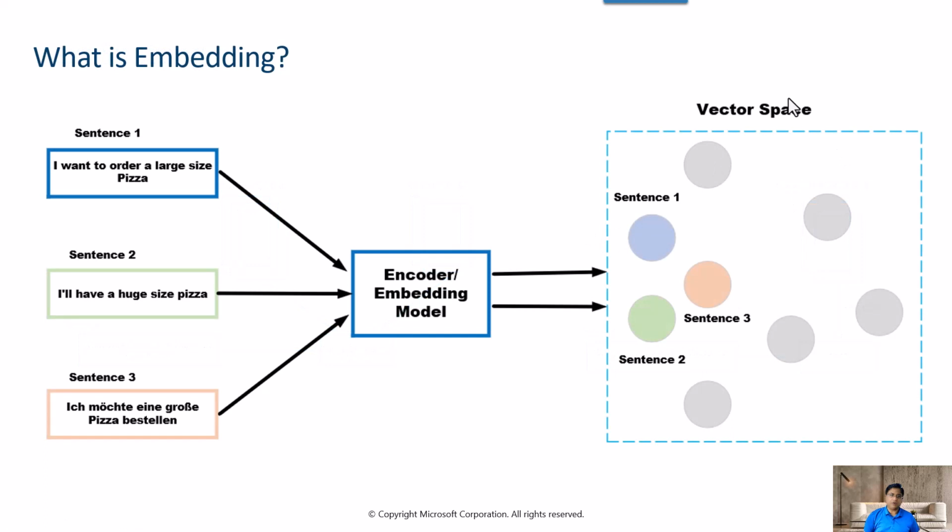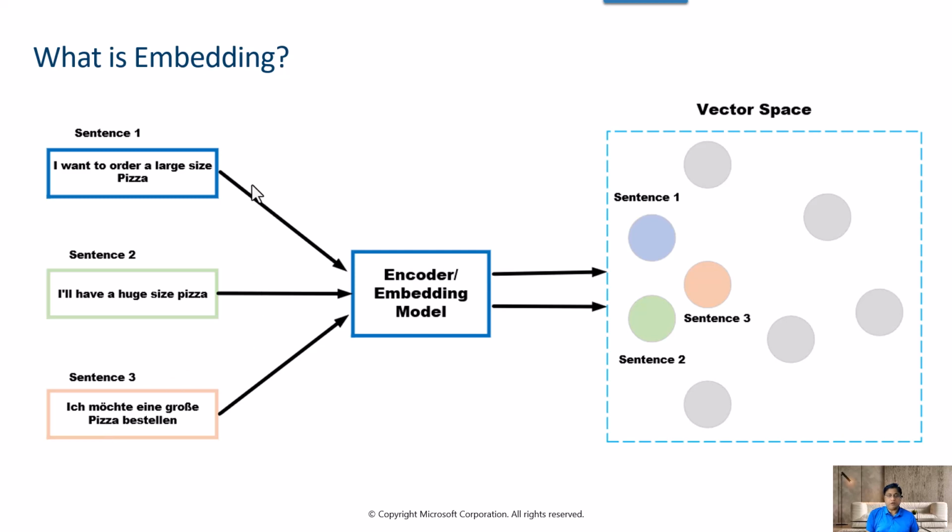Okay, so now let's understand what is embedding. Let's again understand it with the help of an example. Suppose I created 3 sentences, and think of them as a prompt. First is, I want to order a large size pizza. Second is, I have a huge size pizza. And the third sentence is in a different language, Spanish.